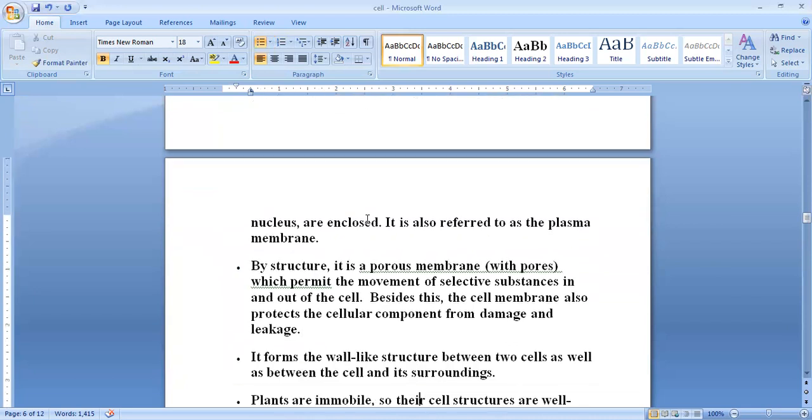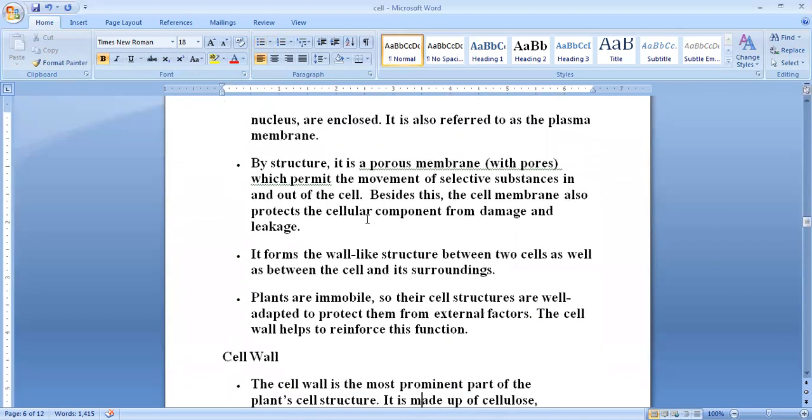It is also referred to as the plasma membrane. It is porous in structure and permits selective substances in and out of the cell. It forms a bond between two cells as well as between the cell and its surroundings. Plants are immobile, so their cell structures are well adapted and protection is there from external factors.